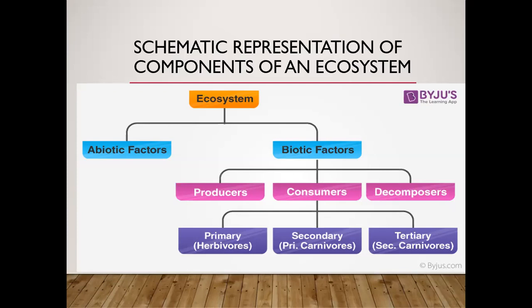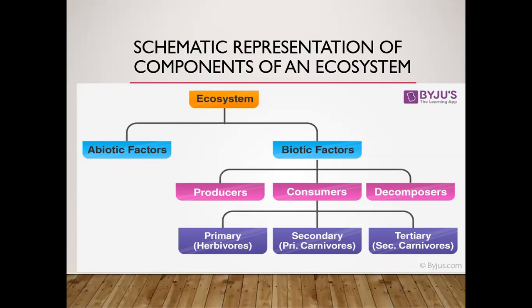So after they have produced their food by photosynthesis, then some organisms will feed on them. They are consumers. These organisms can feed on them directly, or they feed on them indirectly. Those that feed directly on them are called primary consumers.